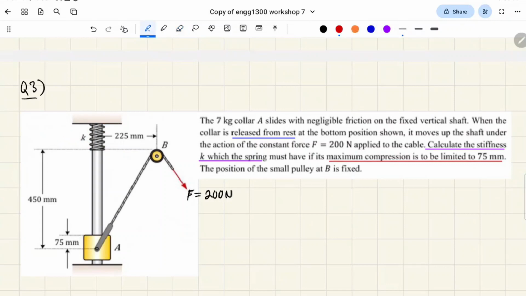So what I like to do is draw where the second state is for the slider, just so I can better visualize it.